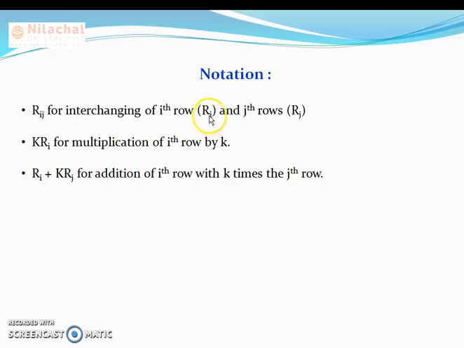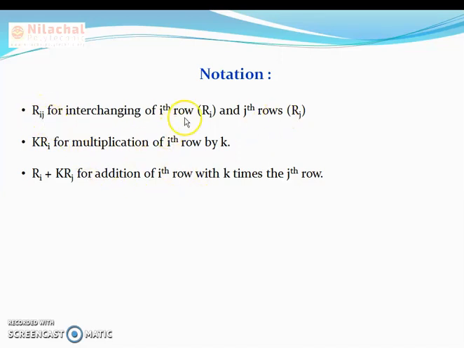Clear? So similarly here, Rij is a new symbol for you. Rij is used for interchanging the ith row Ri and the jth row. Suppose you are using the first row and the second row. You want to interchange, means the second row will come to the first row and the first row will go to the second row. So at that time you write R12 like this.